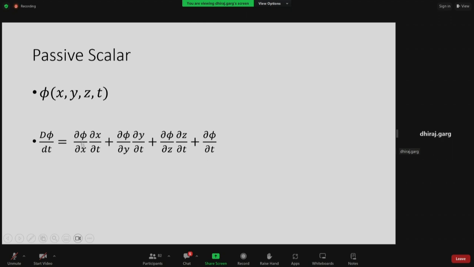But along with the gradient in phi, you will see another term, del x by del t. Similarly, del phi by del y into del y by del t. So what is del y by del t and what is del x by del t? What does this physically correspond to? Distance by time? Velocity. Absolutely.